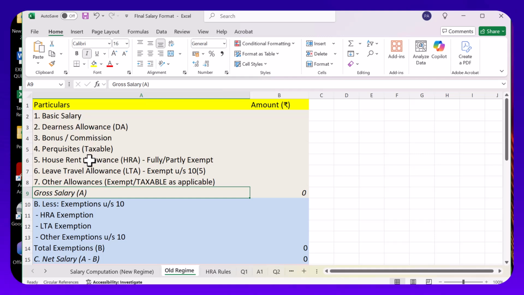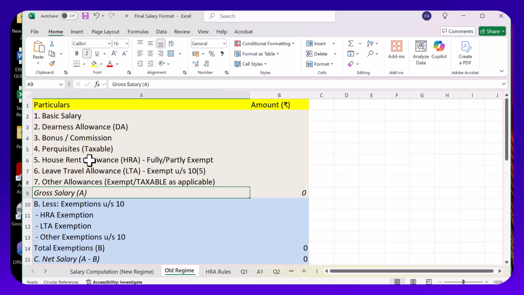Now, there is HRA, as I told you, that you are entitled to house rent allowance, which is basically some amount the company pays you per month. You can either stay in a rented accommodation, or even if you get this amount and you stay in your own accommodation, it's fine. But then the entire thing will be taxable. You will not get any deduction.